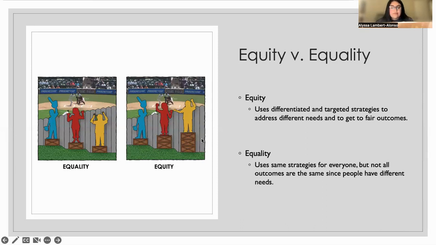Equity focuses on each individual's need, whereas with equality, if you give them the same type of treatment or help, this person here still is not able to see the game. Same with this one. This kid has to go on their tippy toes while this kid is able to see. So this is just a visual representation of differentiating equity and equality.